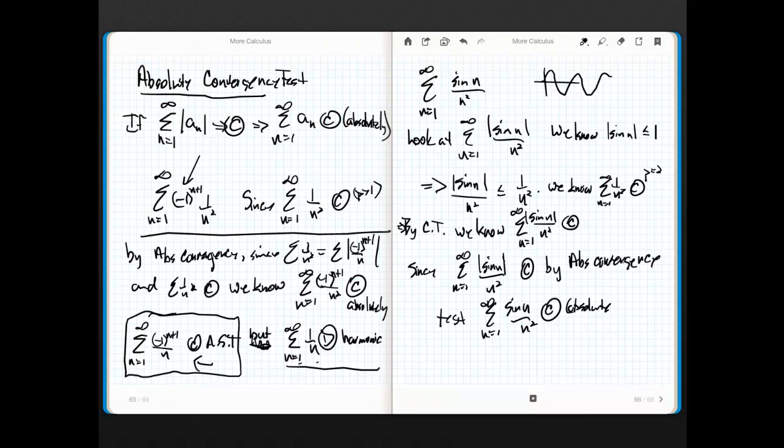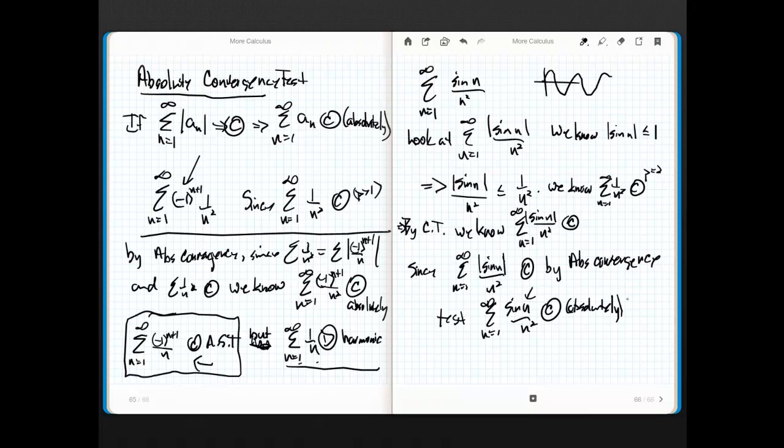Since the absolute value of the sequence, remember the sequence just produces the terms, produces a series that converges, that implies that the series is absolutely convergent.